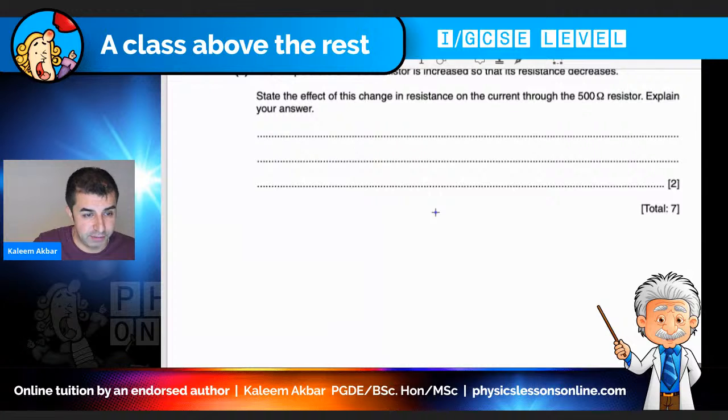All right, so let's explain it here for 2 marks. State the effect and then explain it.